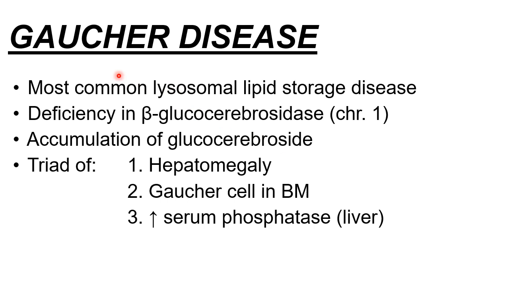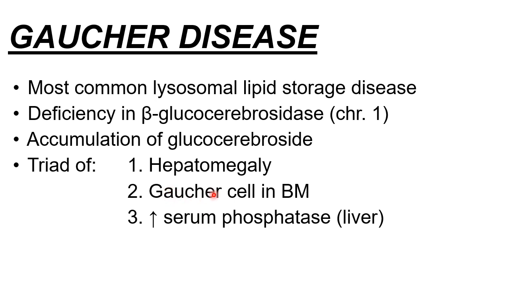And to diagnose your Gaucher's disease, you have to fulfill these three criteria. The triad of hepatomegaly, which is the enlargement of your liver, plus the presence of your Gaucher cell in the bone marrow, and the increase in serum phosphatase in liver, yung mga ALP, 5-NT, and GGT.